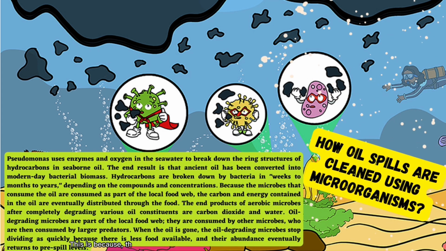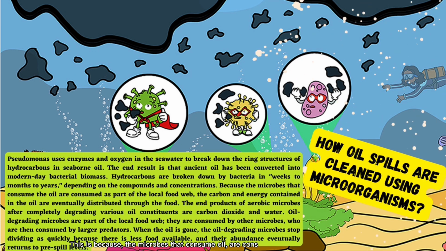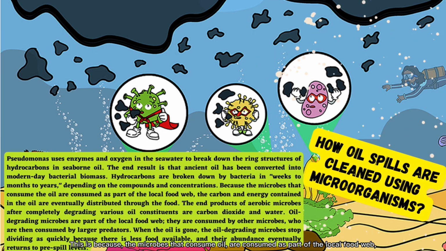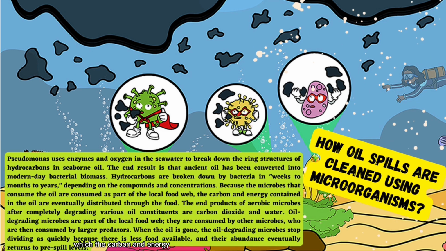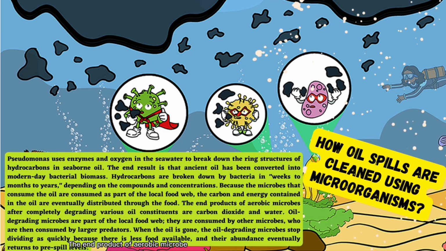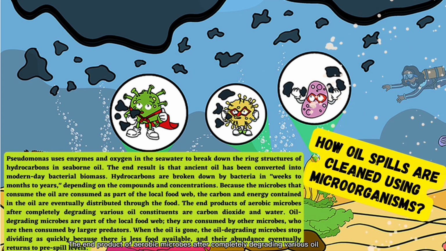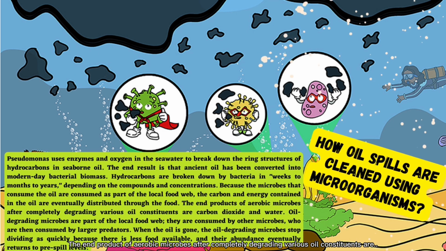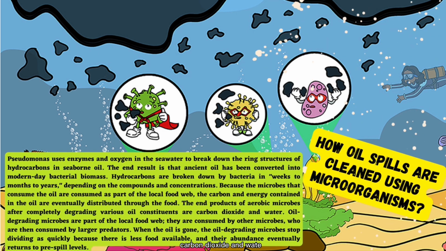This is because the microbes that consume the oil are consumed as part of the local food web, through which the carbon and energy contained in the oil are eventually distributed. The end products of aerobic microbes after completely degrading various oil constituents are carbon dioxide and water.